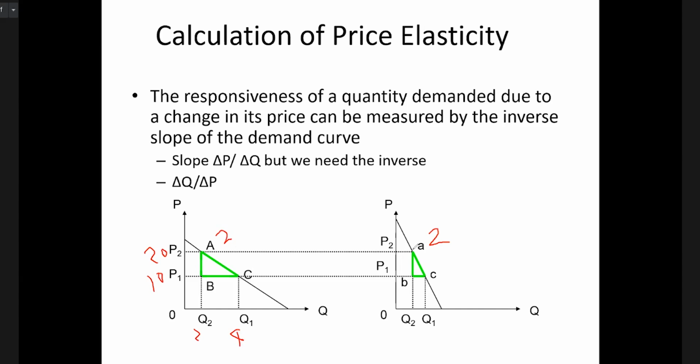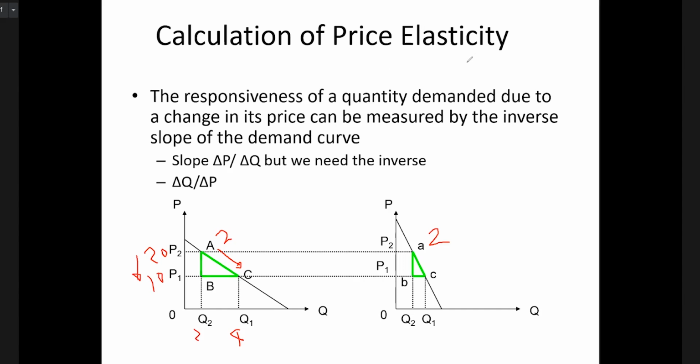It is the same here also, so I forget about this part. Now I am worrying about this, right? So here what we did, we changed price from A to C. It is a price decrease from 20 to 10. When we had the price decrease from 20 to 10, price elasticity of demand was, right?